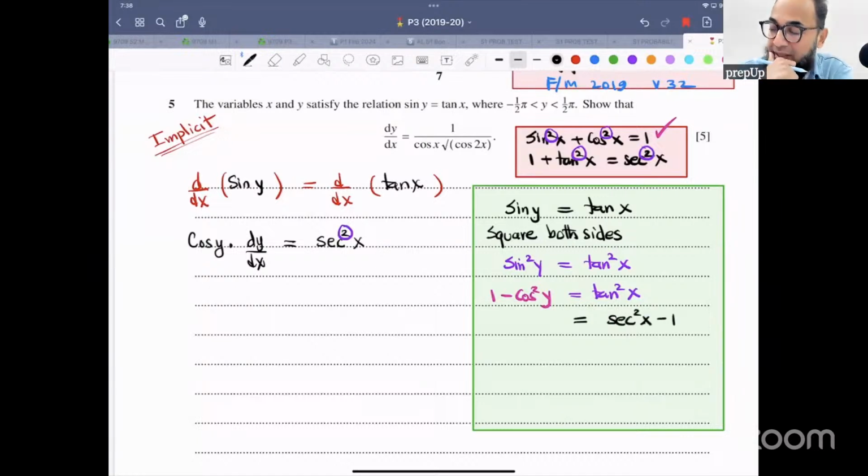That is one thing that's coming to my mind. Now, will it help? I need things in terms of cosine of 2x. I need something in terms of cosine x.